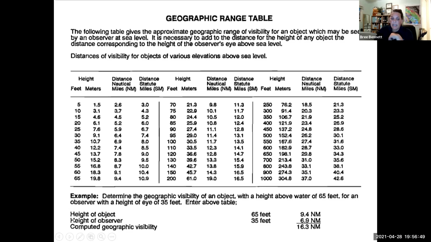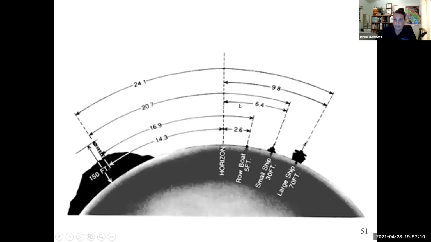So how you apply those is apply the height of the object, add the height of the observer, whatever your observer height is, and you add those numbers together and you get the computed geographic visibility. So pretty straightforward on calculating your geographic visibility.